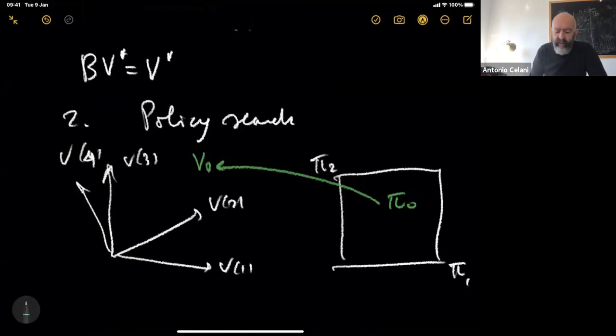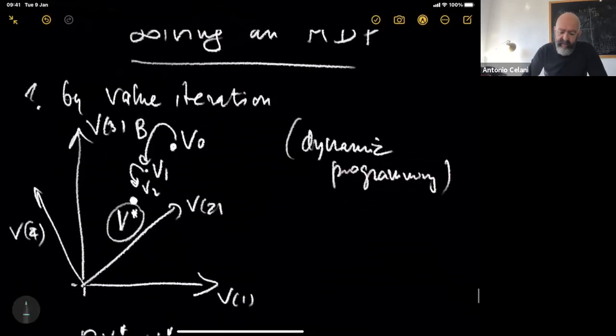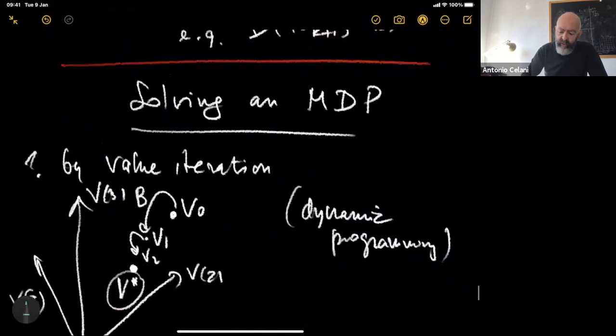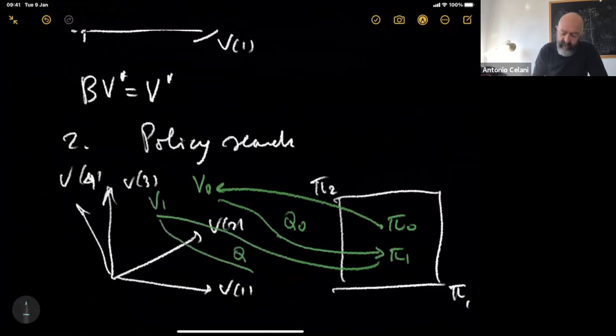This new value allows you to compute a Q0 function, which somehow by either algorithm, for instance, by this algorithm here, your new Q will send you to a new pi 1 here. And this pi 1 will send you to a new V1. And this V1 will compute the Q1, which will send you to pi 2, and so on and so forth.